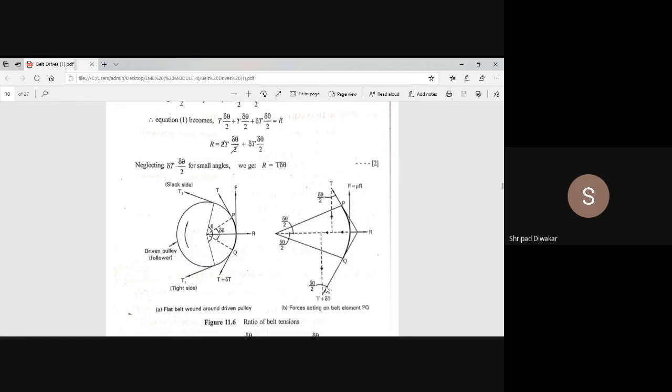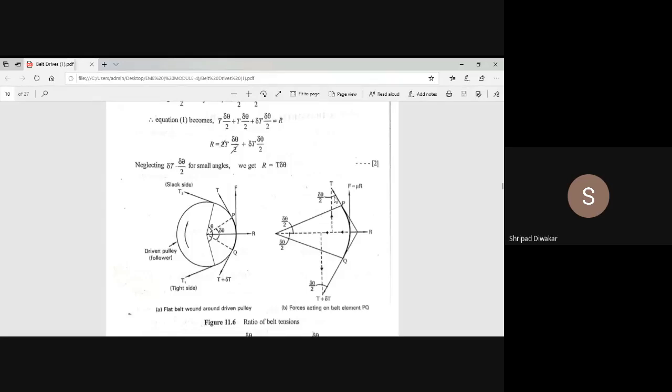How we studied in open belt drive, where we considered alpha, here we are considering delta theta by 2 instead of alpha. That is the meaning. So this is the extended form of your elementary strip PQ. This line is OP, this is OT and OQ. Delta theta you split into two parts, delta theta by 2, delta theta by 2, and here this angle and this angle are the same, this angle and this angle are the same.